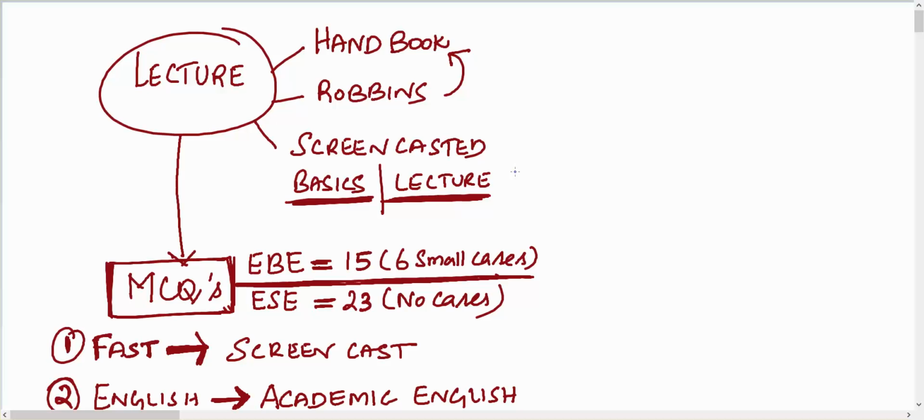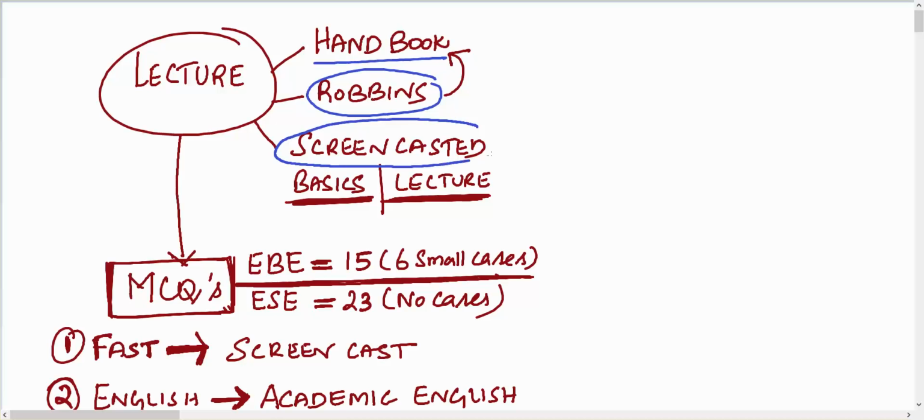So in the principles of disease module related to the pathology, we had two sessions: lecture sessions and laboratory sessions. In the lecture sessions, we gave the handbook. This handbook is prepared from the Robbins textbook, and the explanation of the handbook is recorded.